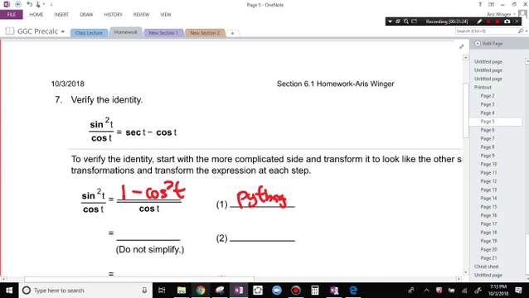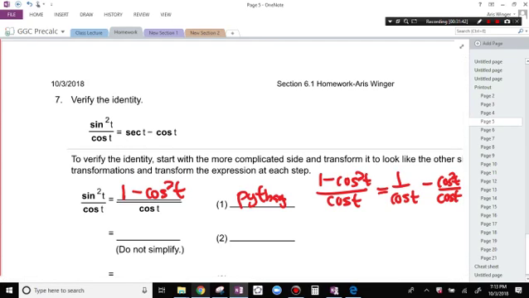And then I'll put it on the side, 1 minus cosine squared over cosine t. To make them two separate things, you then divide each one separately. And now you have the two things that you're probably going to need, right? I have a minus b over c. I can just take a over c minus b over c, and there are the two things. If we've done everything right, then that better be secant minus cosine.